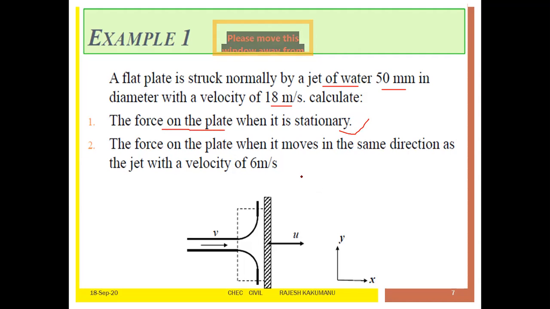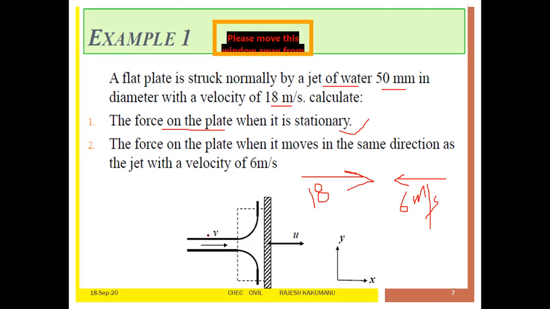In the second case, the velocity of water is 18 meters per second, and the plate is also moving at 6 meters per second. So these are the two conditions.